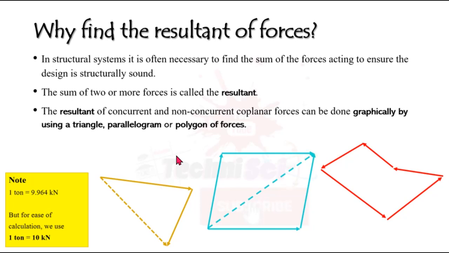But when we're dealing with calculations, to make it a little easier, we round it and say 1 ton is equal to 10 kilonewtons. So using this knowledge, you are able to make a relation between what you see on the diagrams and a ton. Sometimes you'll see kilonewtons, sometimes you'll see ton, but now you understand the relation between the two.